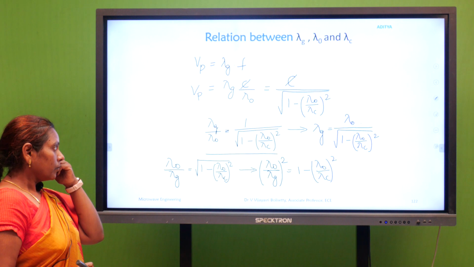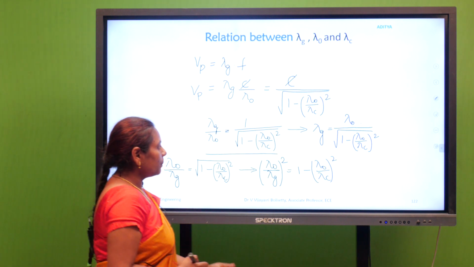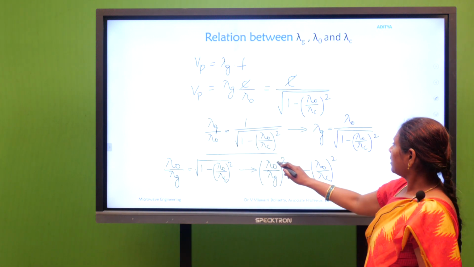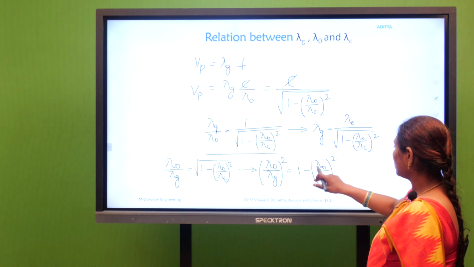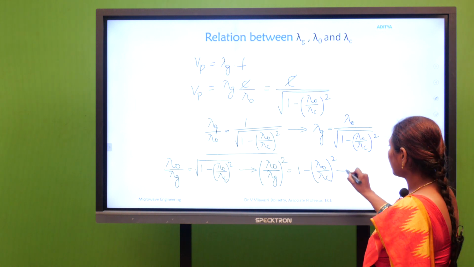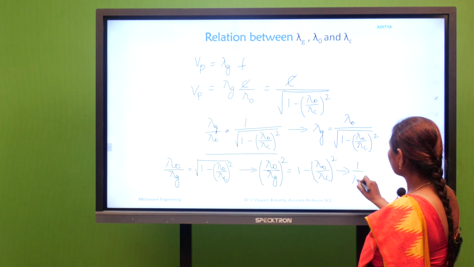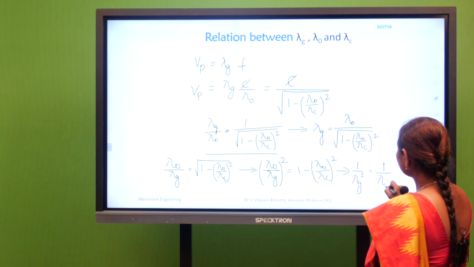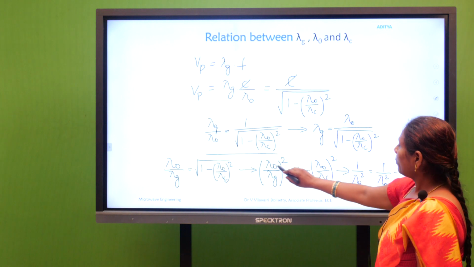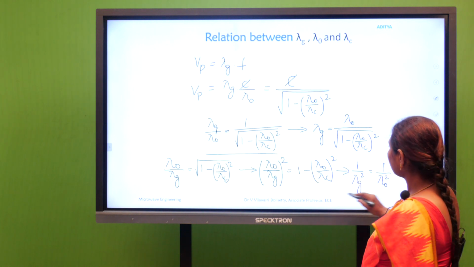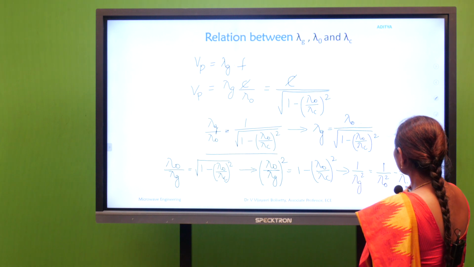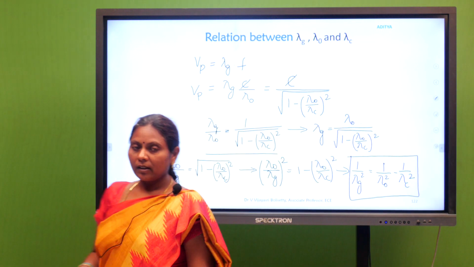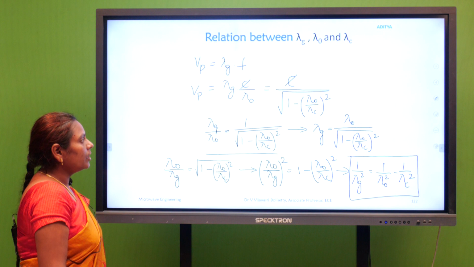By simplifying, bringing lambda naught square to the other side, we get 1 by lambda g square is equal to 1 by lambda naught square minus, the lambda naught square cancelling in the denominator, 1 by lambda c square. So this is another relation for the guided wavelength lambda g, lambda naught and lambda c.